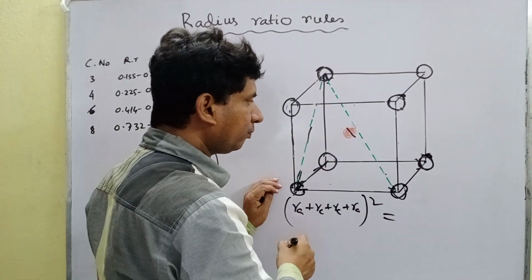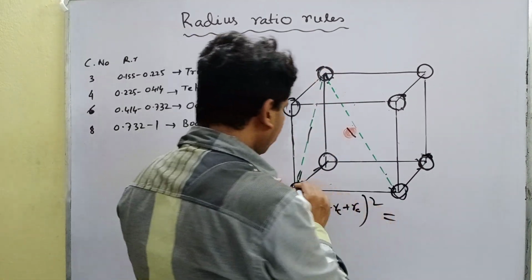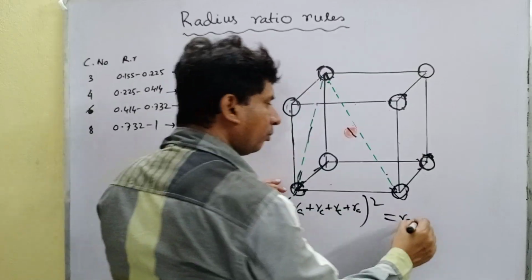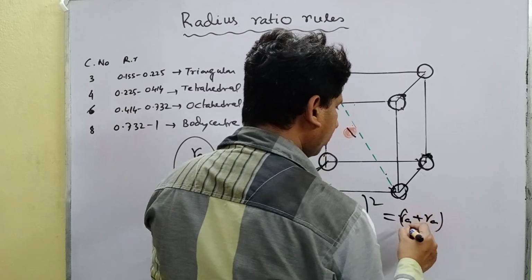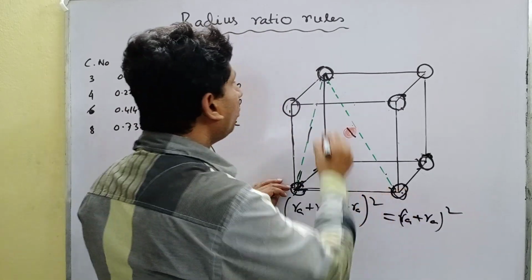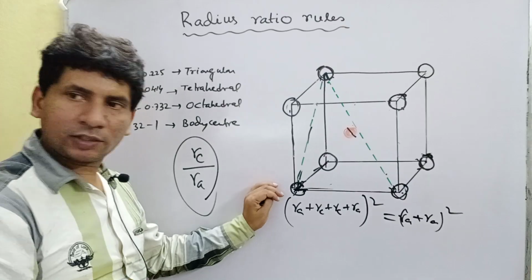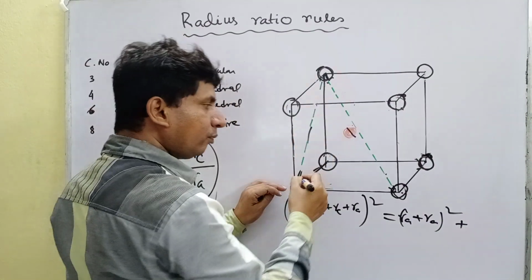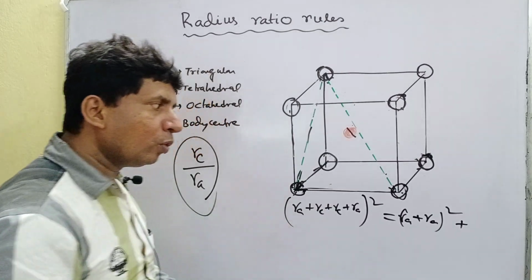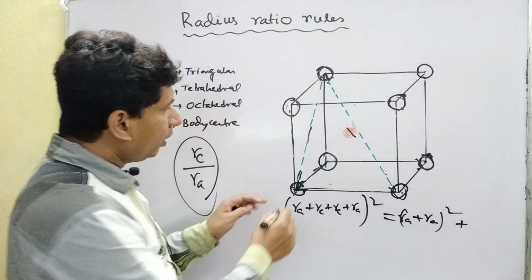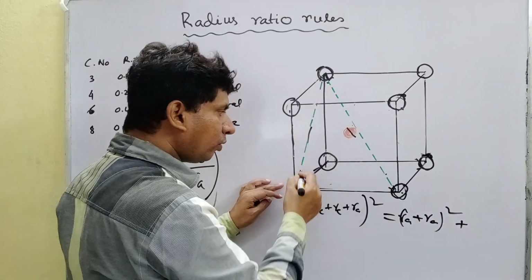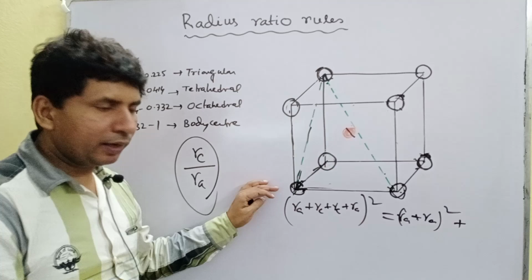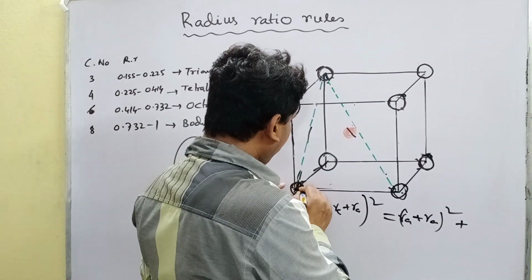The base will be RA plus RA, squared, plus this one squared. The face diagonal was root 2a. If it is a, then this is root 2a. And what is the value of a? A is actually RA plus RA.